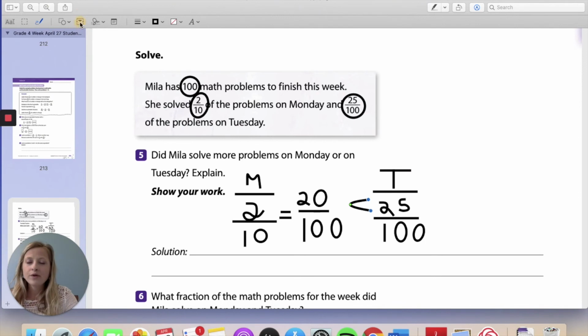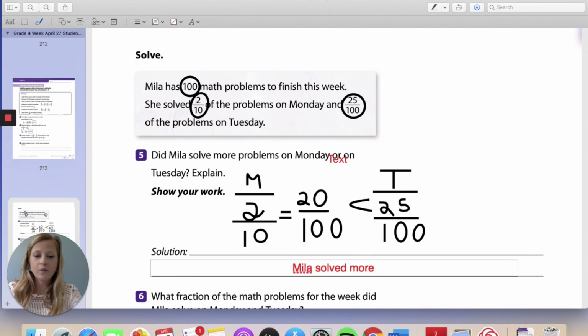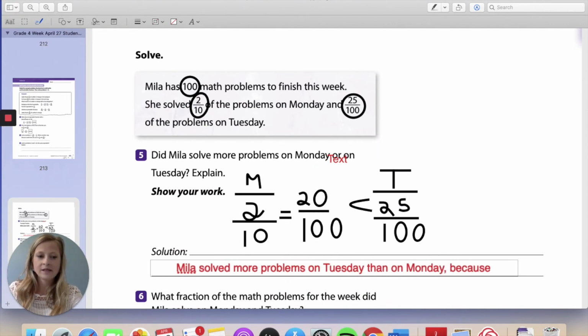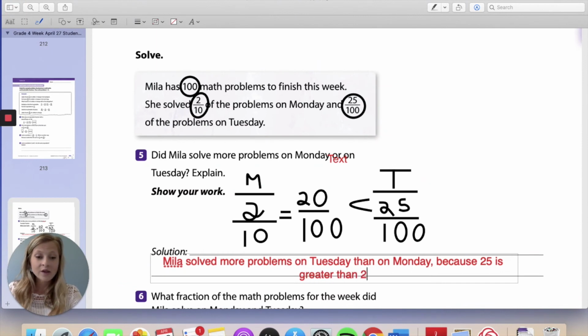So if I were to write in a complete sentence, because I am a college-ready scholar who is ready to write in a complete sentence, I am going to write that Mila solved more problems on Tuesday than on Monday because 25 is greater than 20.